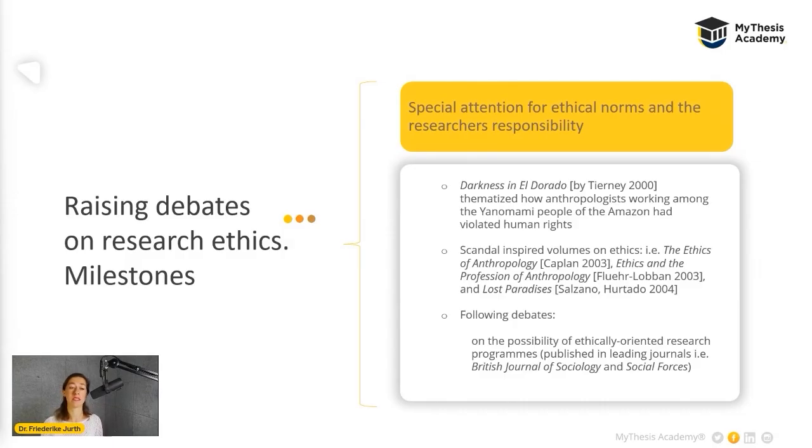There was the publication of Darkness in El Dorado by Tierney, which thematized how anthropologists were working among Amazonian people and violated human rights.